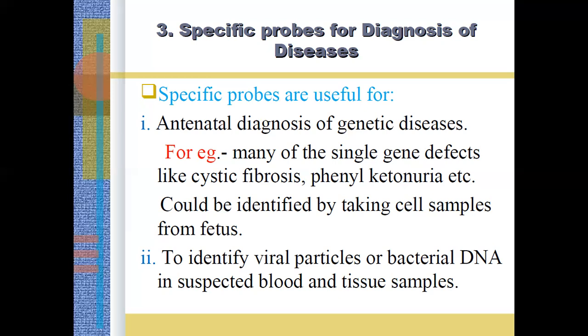In phenylketonuria, the amino acid phenylalanine is not broken down efficiently by a particular organism, due to a defect in the gene which is the cause for the production of an enzyme for the degradation of phenylalanine.